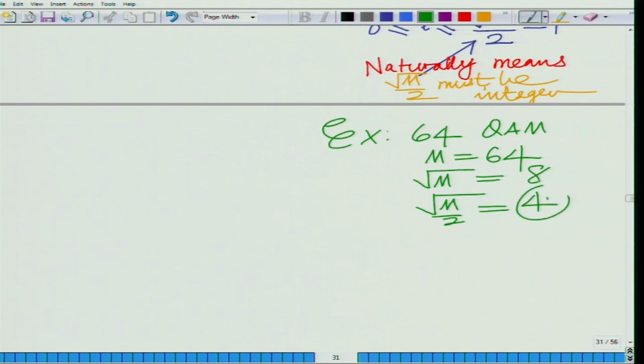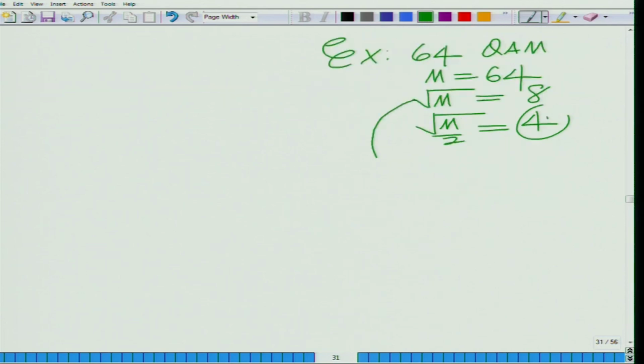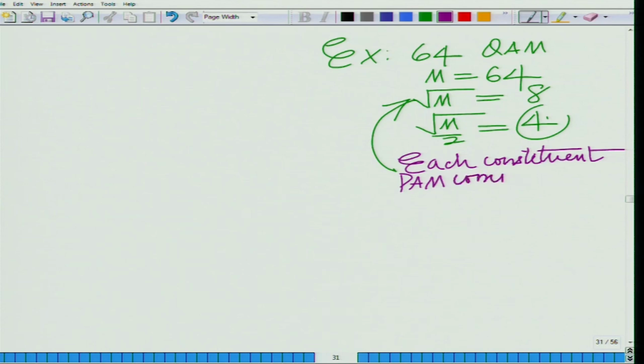So, each constituent PAM comprises 8 symbols in 64 QAM.